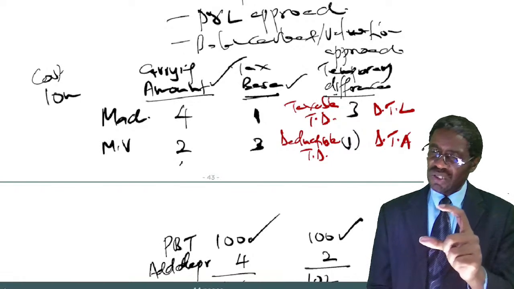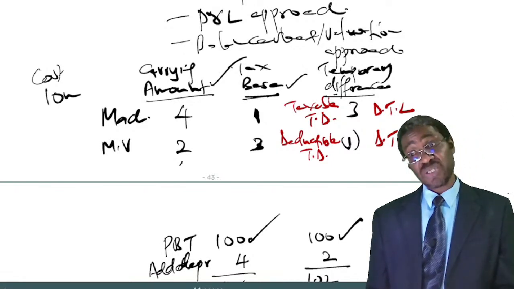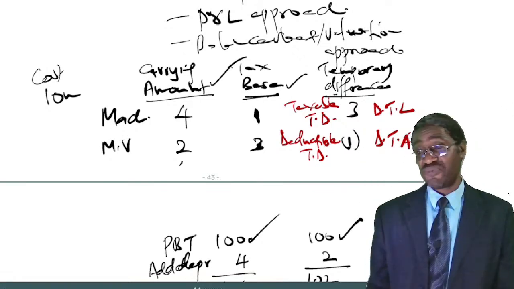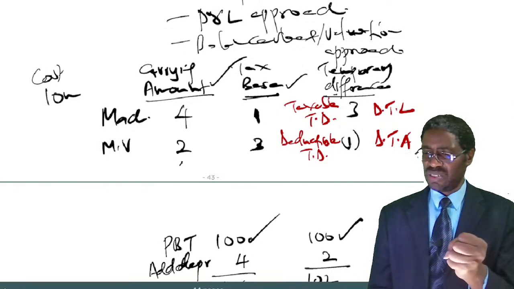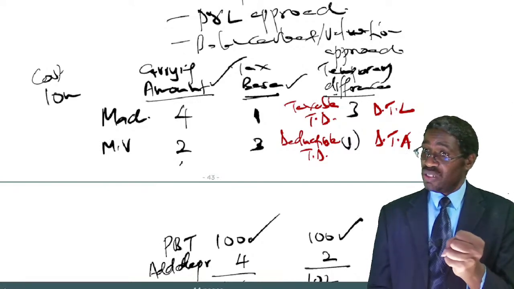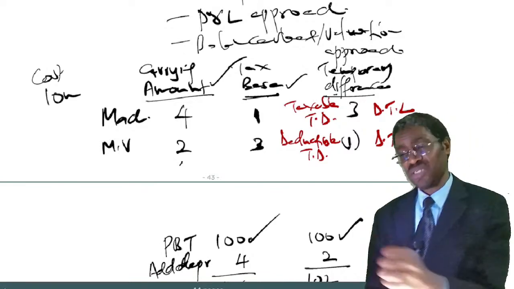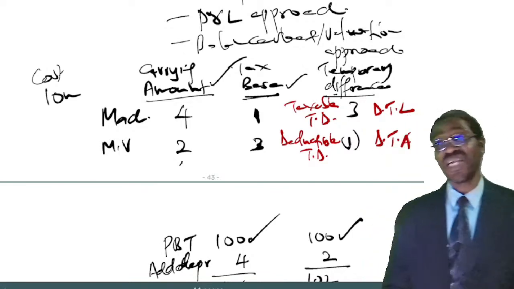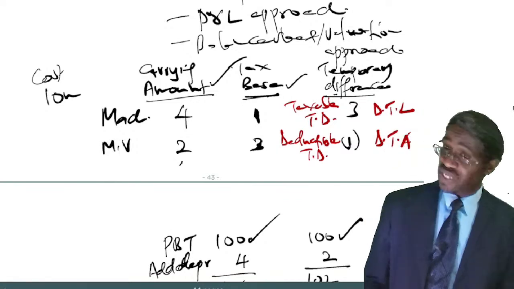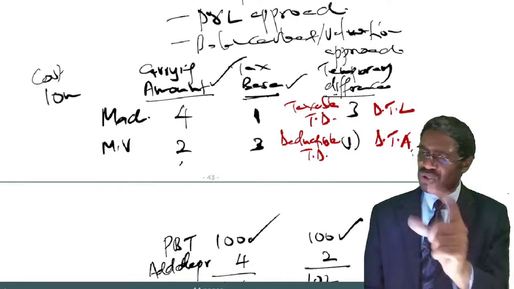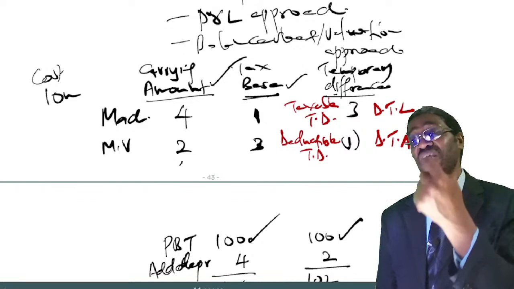If you have a deductible temporary difference, it means you're going to pay less tax in the future. In other words, you're going to recover some of the tax. So create an asset now to be recovered in the future. Any deductible temporary difference creates a deferred tax asset.